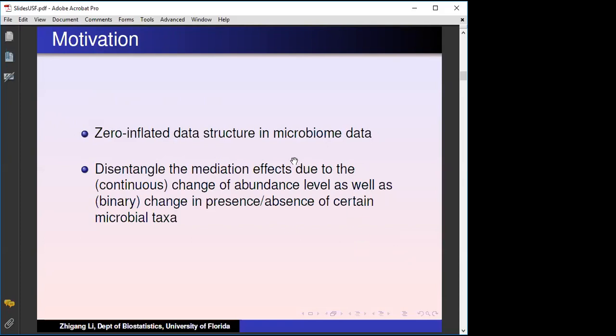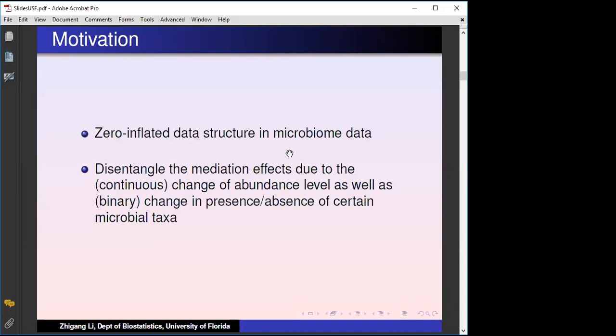And another associated problem with the zero-inflated data is that those zeros can be truly zero or could be false zero. So this boils down to how the data is collected. When we collect the microbiome data, we want to measure the microbiome data of an ecosystem. We usually take a sample from the ecosystem and sequence the sample to get microbiome data, right?